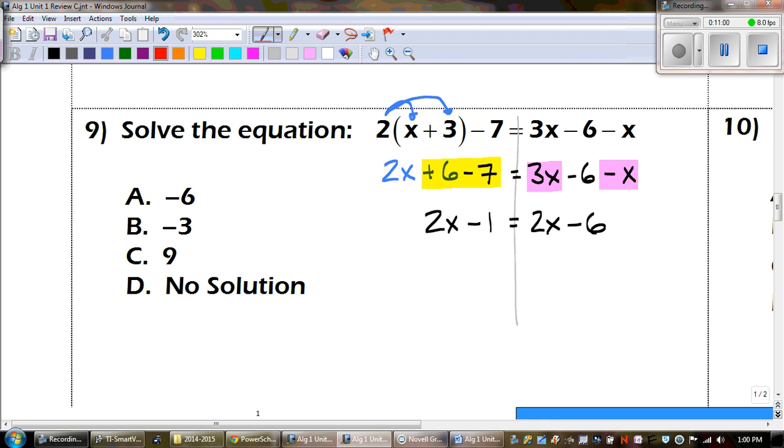We're going to subtract 2x from both sides. And then, oh, what happens? Yeah, they cancel. And we get negative 1 equals negative 6. Is that true or false? Yeah, that's false. Negative 1 does not equal negative 6. So our answer is no solution.